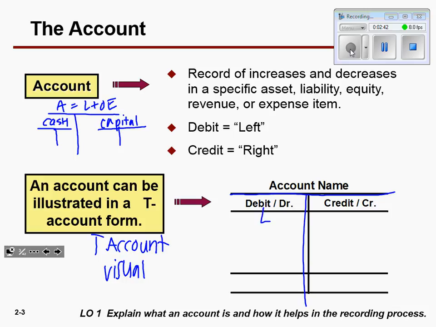There's always debits on the left, credits on the right. In this section is where your numbers will go. And then notice they make the T into a capital I, and here's where the totals for that account will go. So that's what you need to know about a T account. It's got a title, account name, a debit and a credit, numbers, and then what's called the balances.